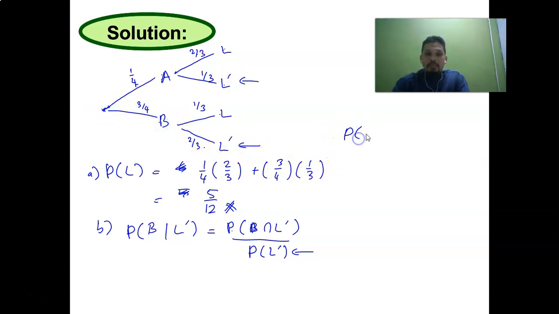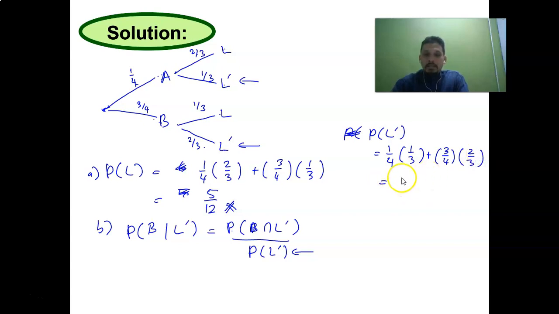So the probability of L complement equals 1 over 4 times 1 over 3, plus the probability of using route B, which is 3 over 4, multiplied by not late, L complement, 2 over 3.